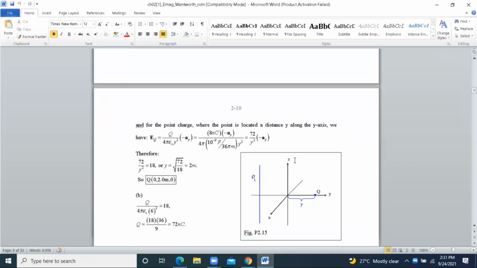So now you solve for Y. You get 2 meters. So you locate Q at 2 meters on the Y-axis for your field here to be 0.